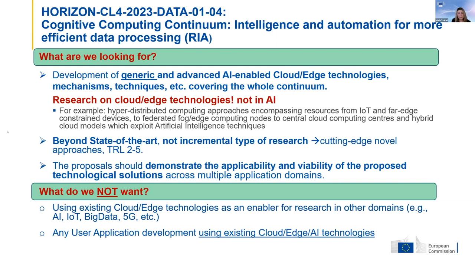And also proposals that are dealing only with application development using existing cloud-based technologies is not what we want. For example, you may have a very nice smart city application, an excellent proposal using cloud and edge. This is not what we want, okay? So you can submit this proposal in another topic, but not in this topic. So I hope this is clear.